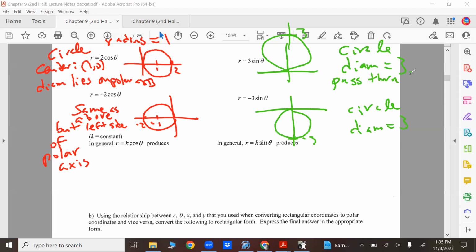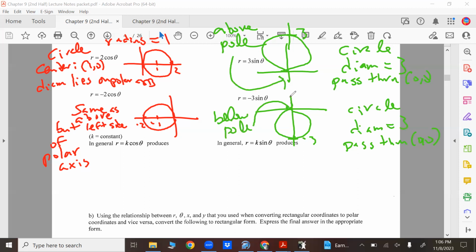Yeah, but that's a 180 rotation. And this is above the pole, and that's below the pole. Remember, the pole is like the origin.